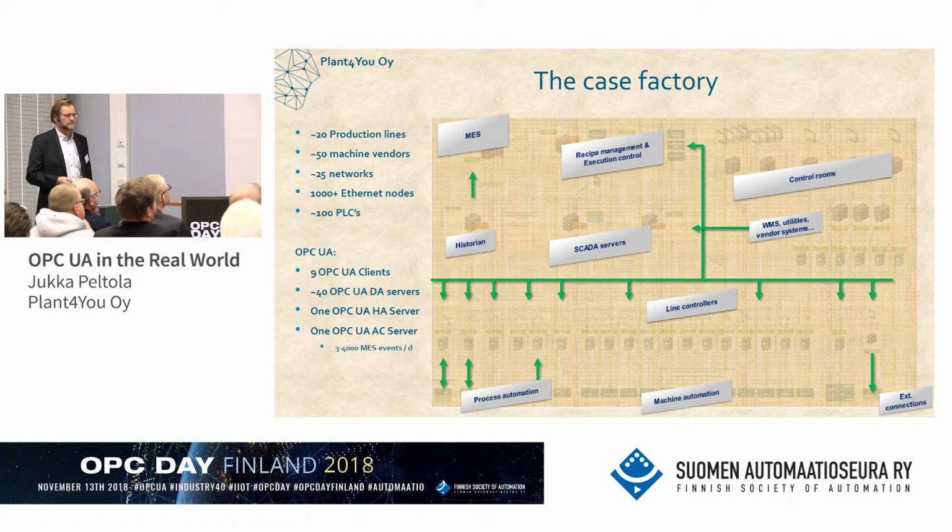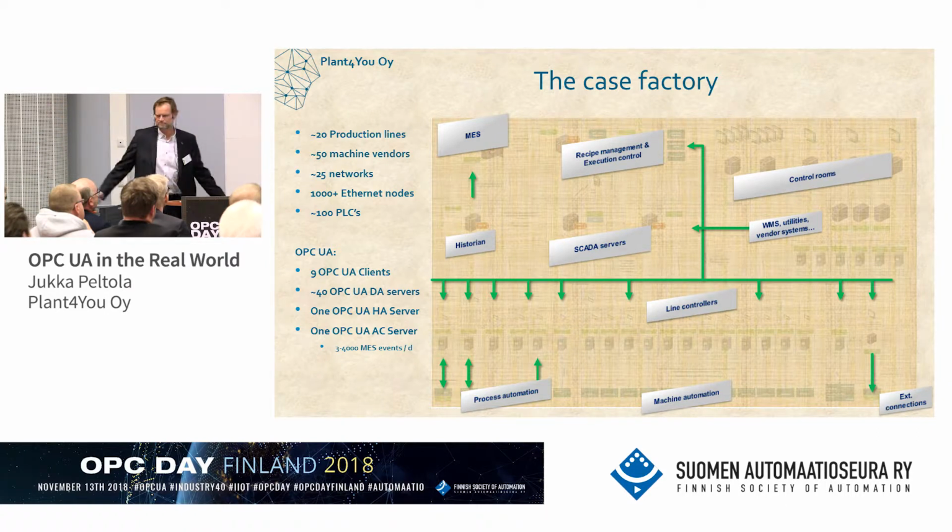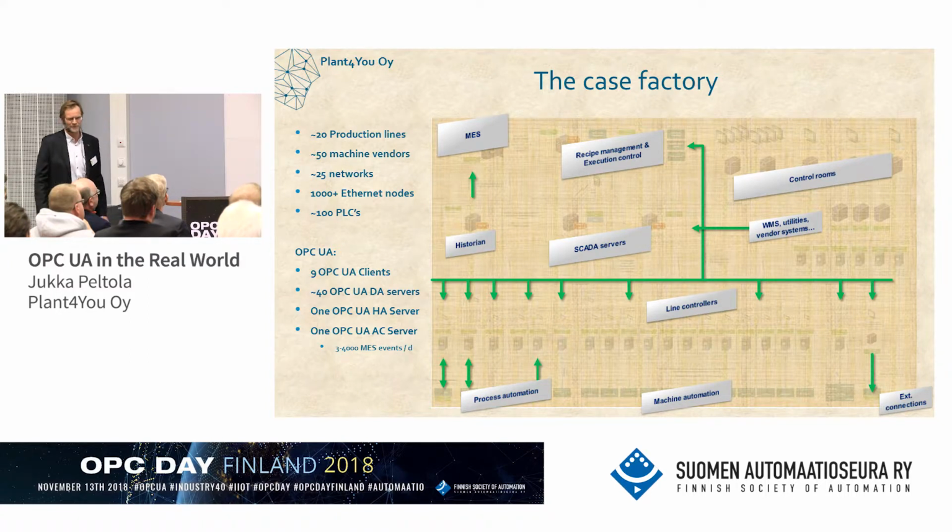Of course, we tried to standardize and harmonize this, but if a big machine vendor says that they have just Omron, it is not very cheap to change it to Beckhoff or Siemens or something like that. So we had, I think, 3 or 4 different PLC vendors in the system.